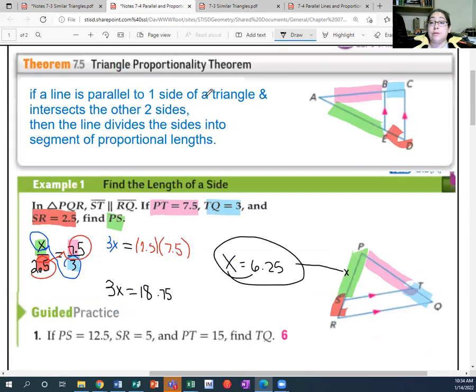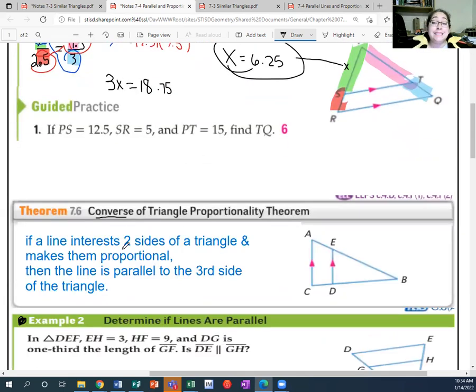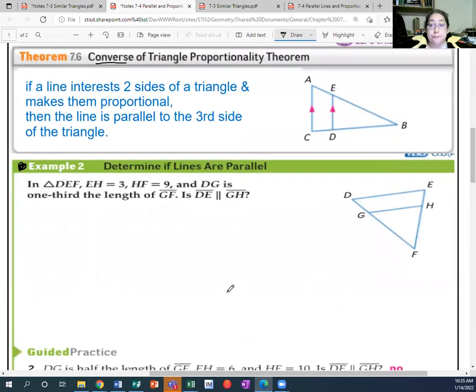So this theorem up here you use when you know lines are parallel and you're trying to give a reason why you're calculating the way you are. This theorem gets used when you have things you can calculate with and you're trying to give a reason why these things are parallel. Like in example 2.